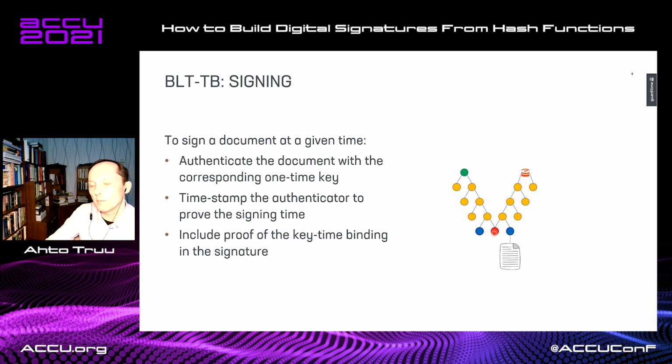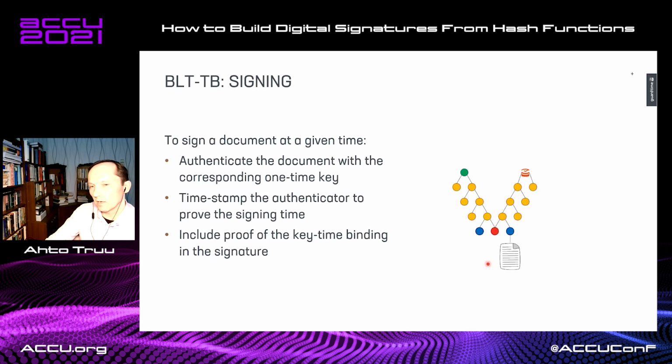You can't. So anybody who gets this key as part of my signature cannot create new signatures with it, because if they tried to pull this key out of the signature and combine it with another document, then the timestamp they would get would contain a time that is too late.